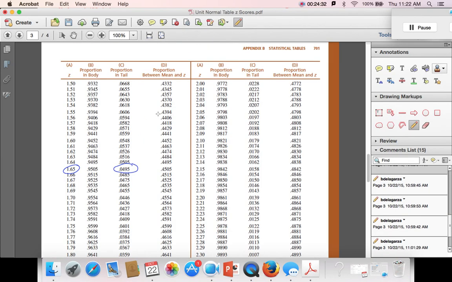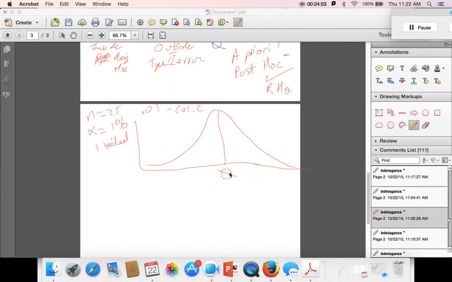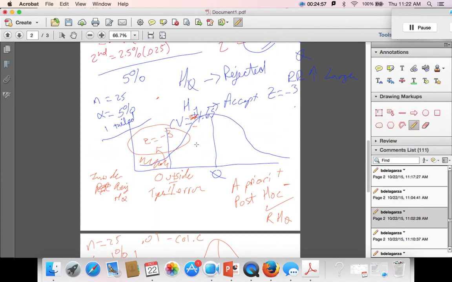So we go back to our critical value table and find 0.01, or the closest value to it, which should be this value right here. That gives me a critical value of 2.33.